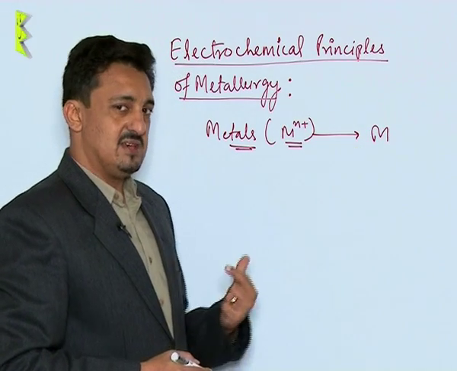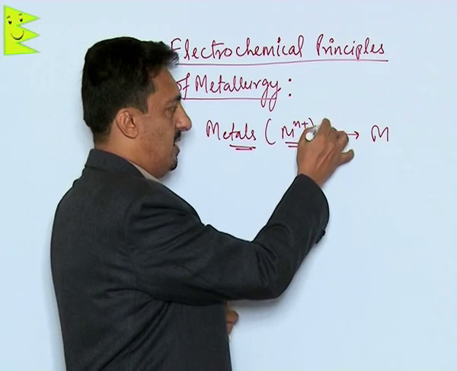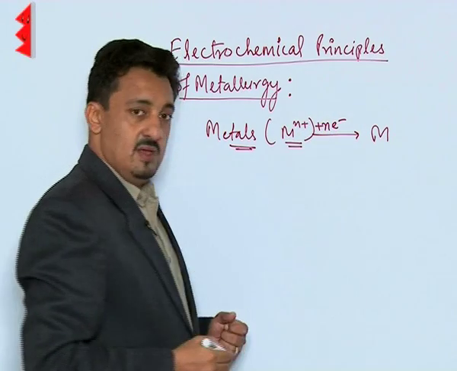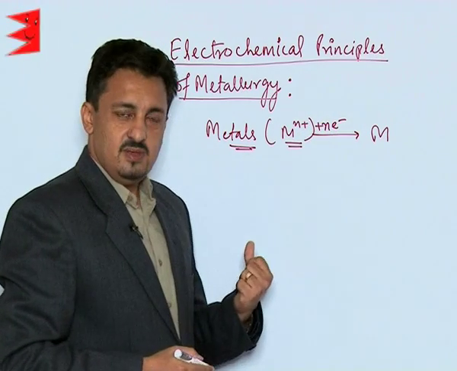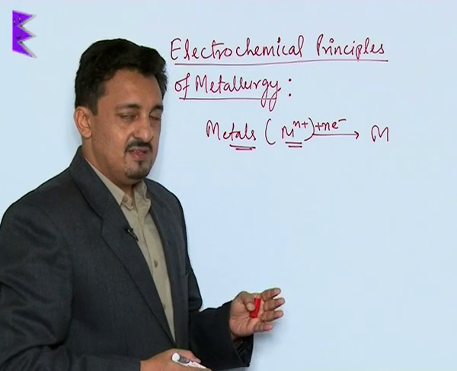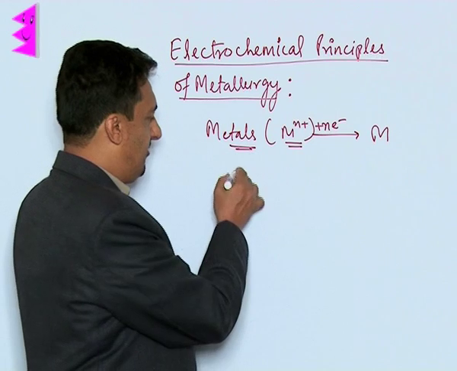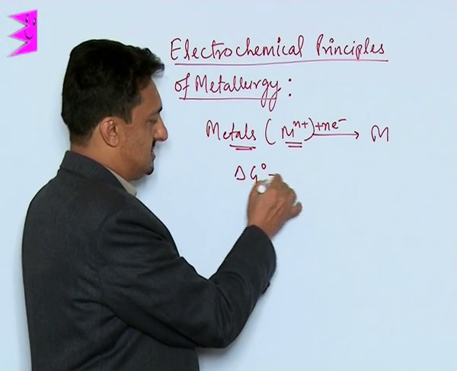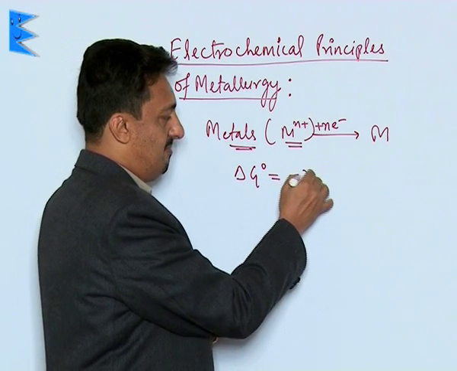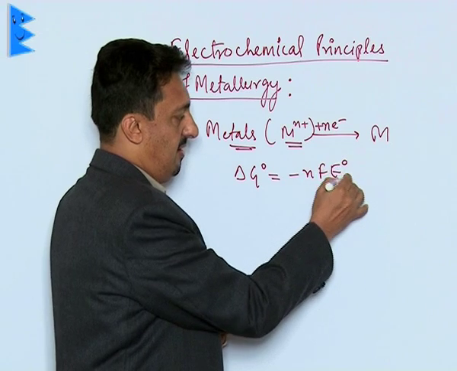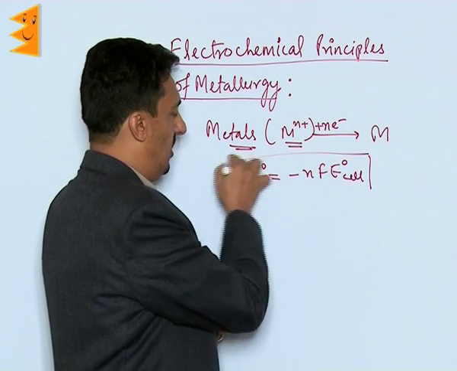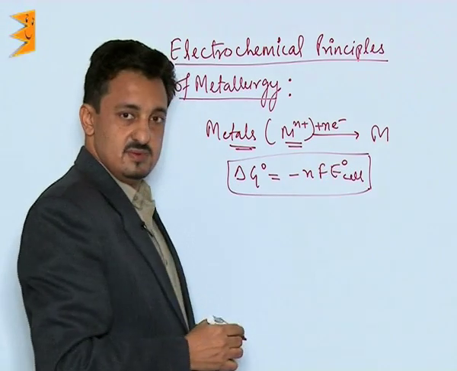Now, for this reduction, we need to give them the electrons. This reduction can be done with the help of electrical energy also. The relationship which plays an important role in this is delta G naught equals minus nFE naught cell, or E naught reaction.